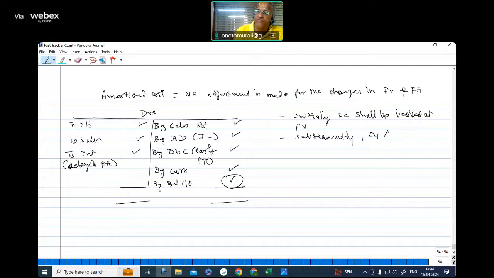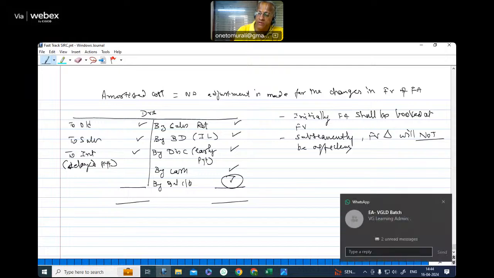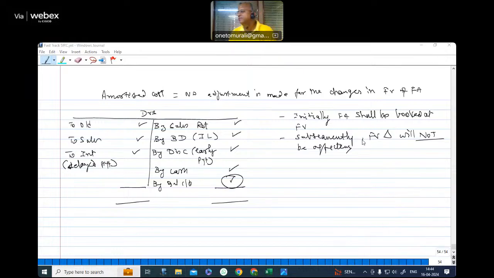Subsequently, fair value changes will not be affecting the financial asset. So have that in your mind.